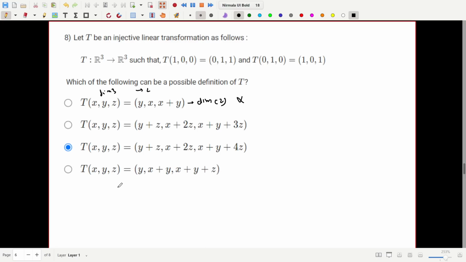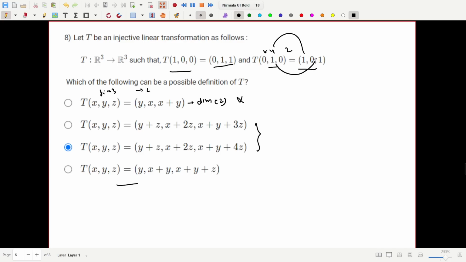So you can check by this transformation formula whether it is satisfied or not, and you can find these two are fulfilling this formula, and this one is not fulfilling, because for (x, y, z) the first should be y. Then it says the second will be x plus y. X plus y will be 1, but here it is 0. So this option is also wrong. Let's check these two options.